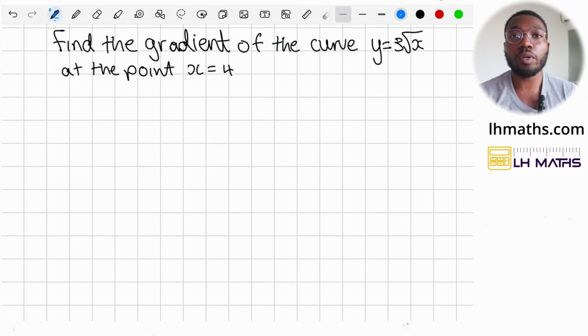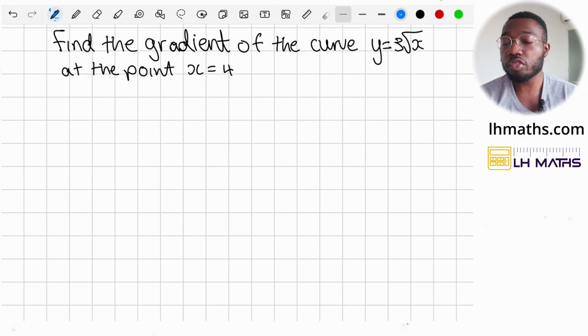Okay, so with this question, we have to find the gradient of the curve y is equal to 3 root x at the point x is equal to 4. So when you have a question like this, where it asks you to find the gradient of a curve, there are other ways you can work out the gradient, which you will learn in A-level maths. But if you have the option to choose which way you want to do it, I would say usually the easiest way is by differentiating.